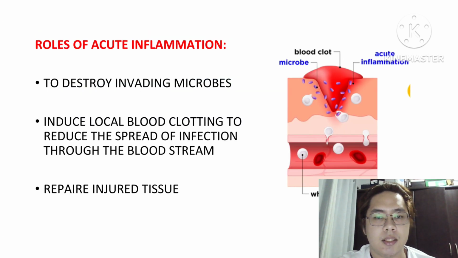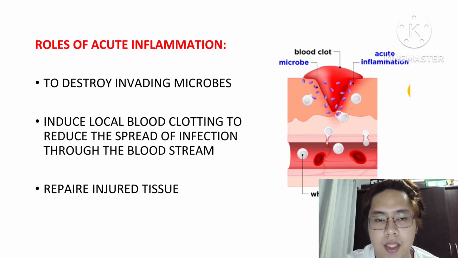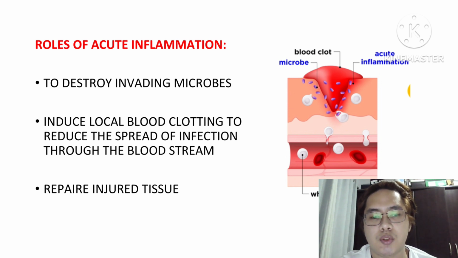Next are the roles of acute inflammation in the body. Acute inflammation occurs with the destroying of invading microbes, and it also induces local blood clotting to reduce the spread of infection through the bloodstream, and it helps repair the injured tissues in the body.